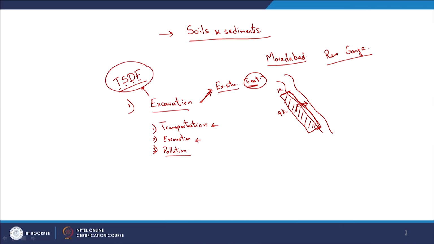So here we came across something called a TSDF, or this hazardous waste landfill. Typically though, where does the waste that is generated in most of the Indian cities end up?